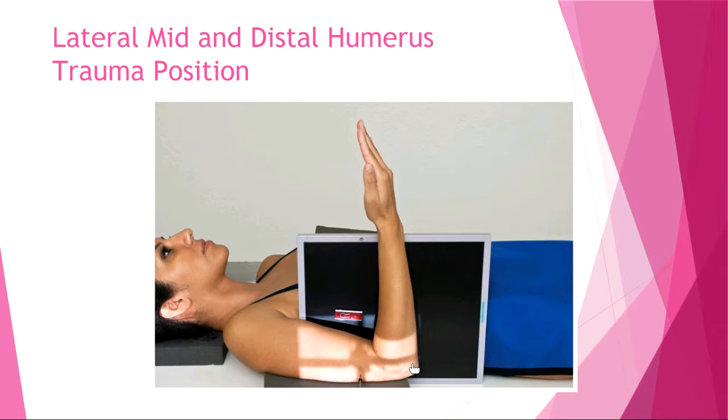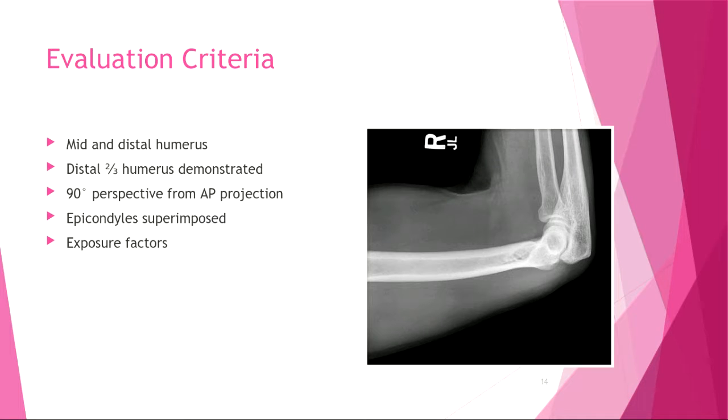So if the patient's unable to do much of anything, you simply could place the IR in there and shoot a cross table lateral beam, which would give you a lateral image of the distal aspect of the humerus. And radiographically, it would look like this. So again, you get the mid and distal humerus. It's a 90-degree perspective from the AP view.